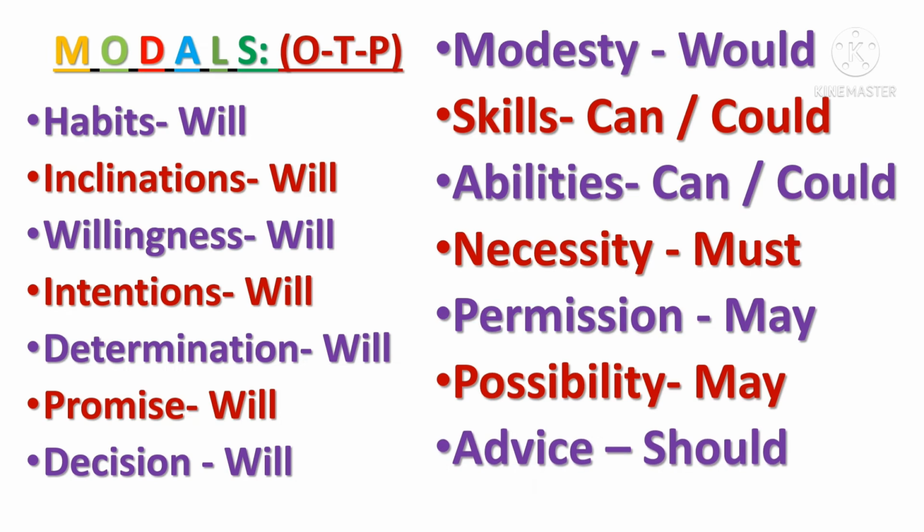Possibility, may. Advice, should. Notice how will is different from the remaining. So if you want to be a little softer, to say modestly, you will be using would. So skills and abilities, necessities and permissions, possibilities, advice. ವ್ಯತ್ಯಾಸಗಳನ್ನು ಗಮನಿಸಬೇಕು ನಾವು.